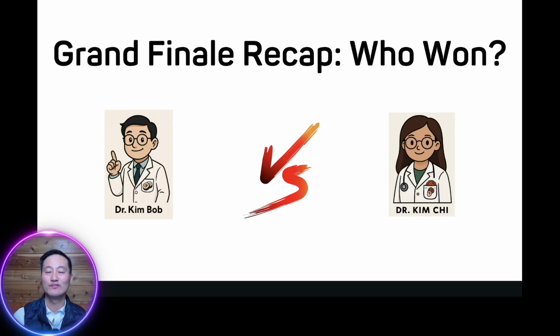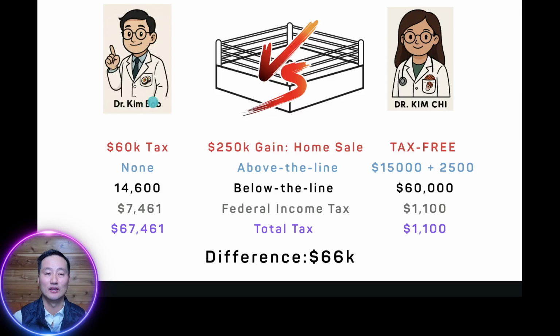So let's do a final recap to determine who won, Dr. Kimbap or Dr. Kimchi. So in the left corner of the ring, we have Dr. Kimbap, who did not understand the Section 121 home sale gain exclusion rule. As a result, he ended up paying $60,000 in capital gains taxes on $250,000 of gain from the sale of his house.